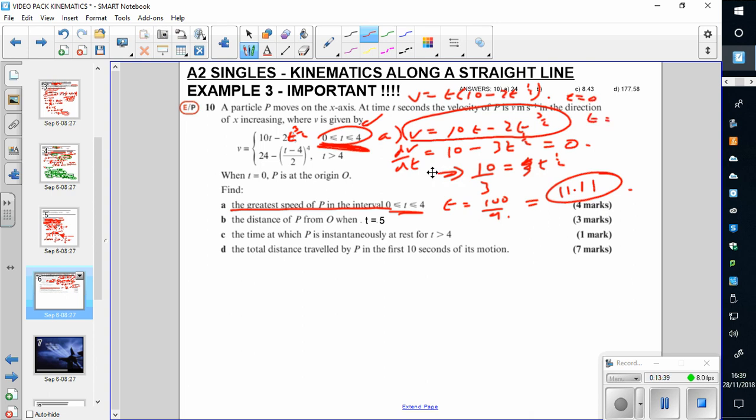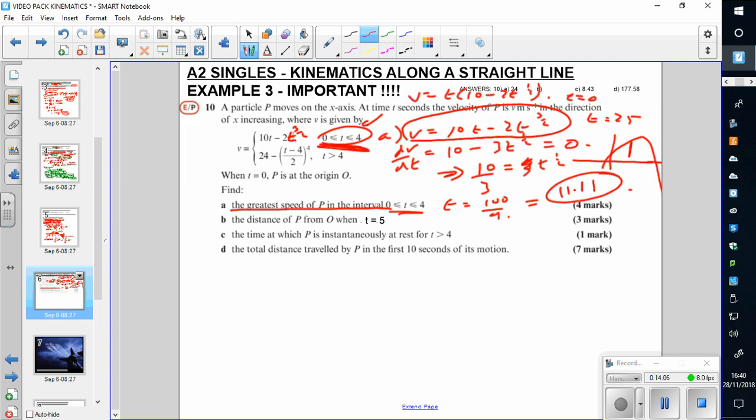We know that t would also be 25 if I made 10 minus 2t to the half 0, moved it over, divided by 2 and squared it. So I know it looks like that. And that curve is essentially going to look like this, and it goes on forever. So it looks a little bit like a negative quadratic curve.